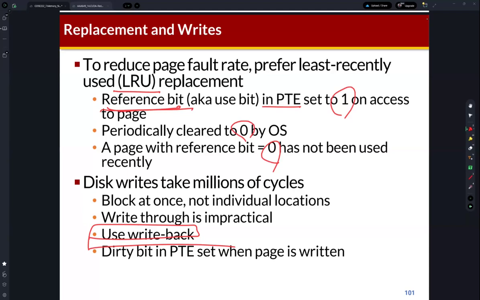As I mentioned, the page table entry includes many control bits, many control flags, because the security is also managed by these page tables. Read write permission and the dirty bit, these control bits are also stored in the page table entry.